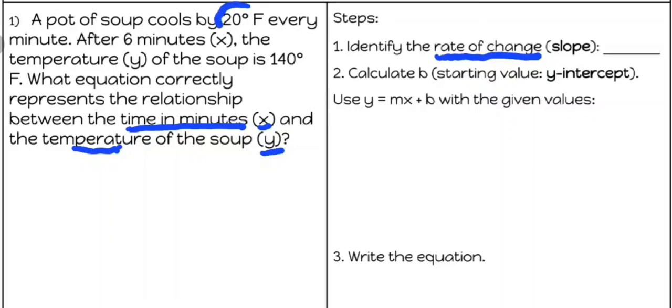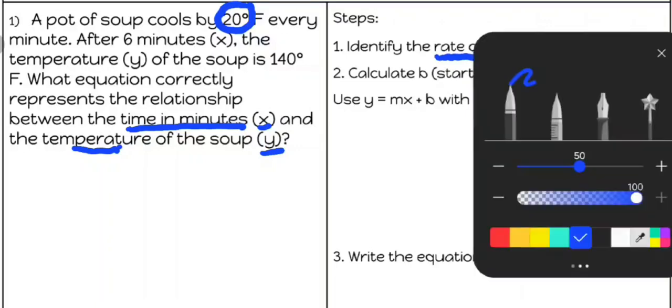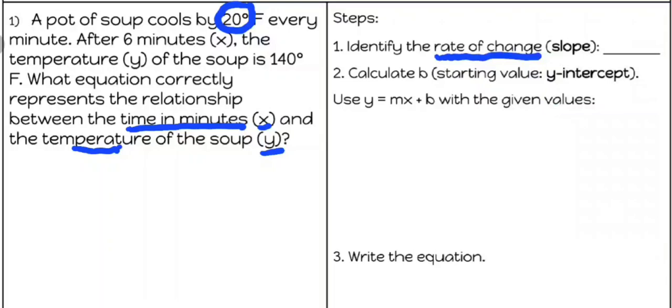But it says the soup cools, so the temperature is decreasing, so our slope is decreasing. Okay, so our slope is a negative 20 because it's decreasing.